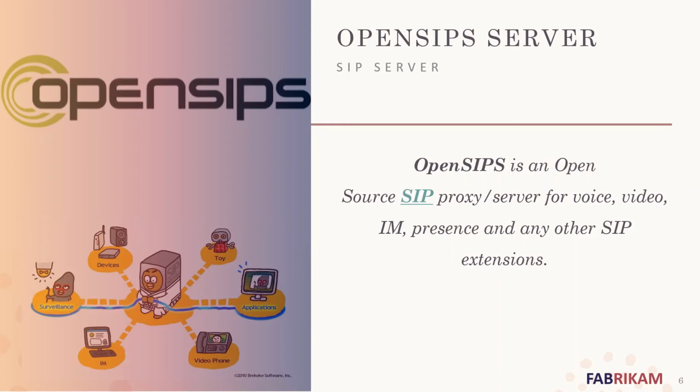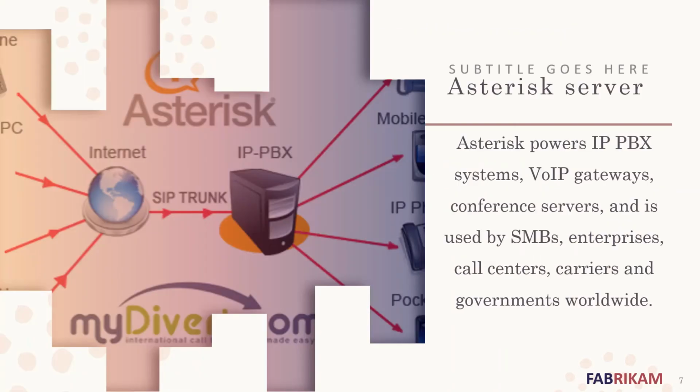SIP is a protocol that is used for voice over IP. So this server and the Camellia server use the same protocol, so they can communicate well with each other.